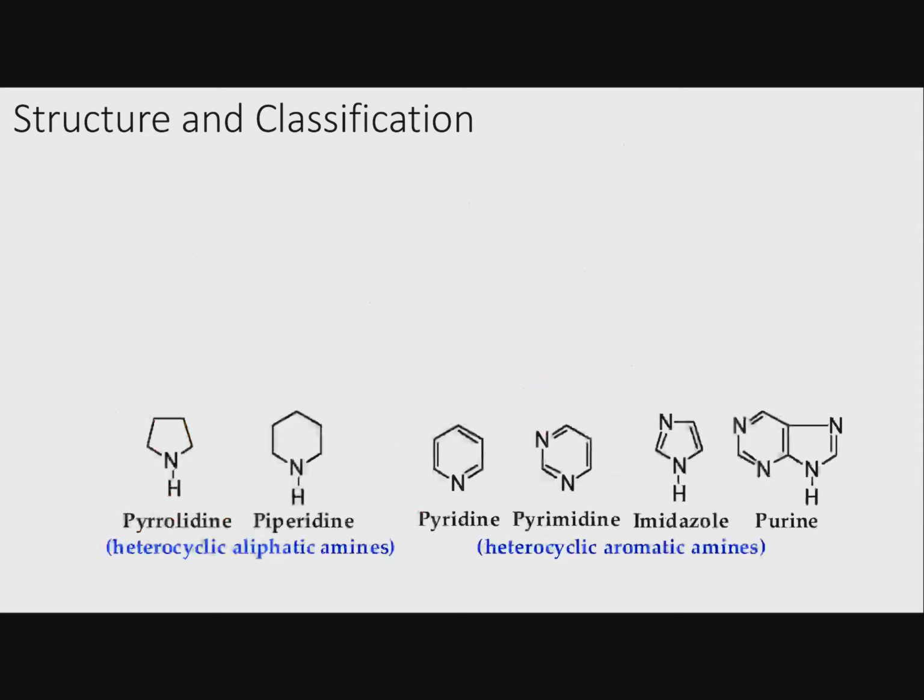So in some of these we might even get 1 double bond or so, but they are not aromatic in the sense that the double bond is able to freely rotate or move around, as it can here. The double bond can move and move like that. So again, just to note the difference in terminology. Heterocyclic aliphatic has no conjugated double bonds. Heterocyclic aromatic does.